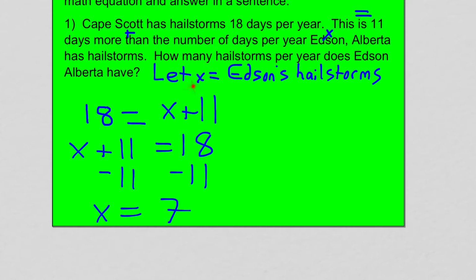Now, X was what we called Edson. So Edson usually, because it's not always going to happen, right, usually has 7 hailstorms per year.